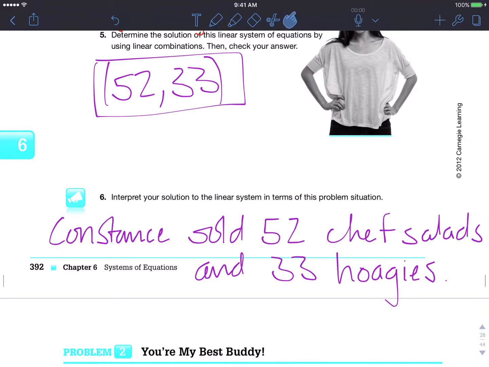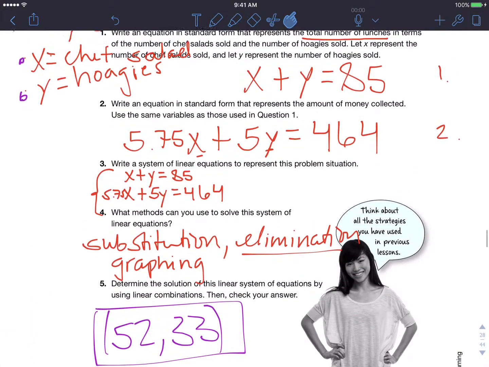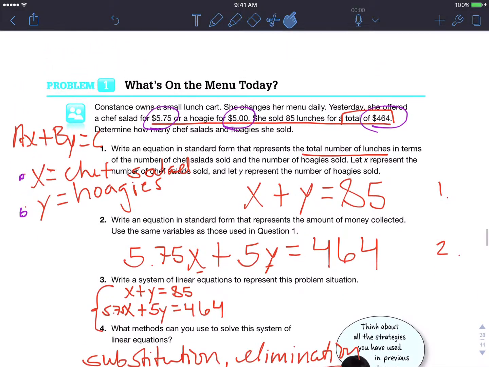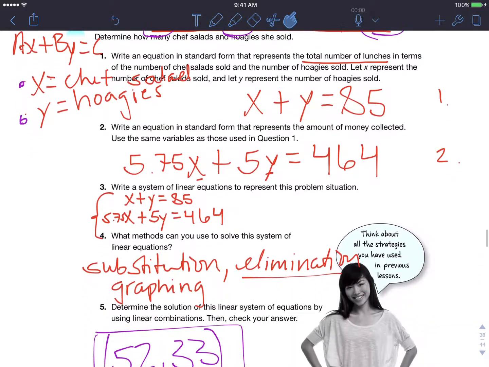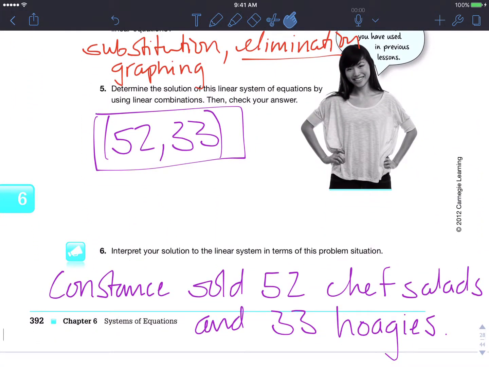And there you go. That's all of problem 1. So you have all the work. The work was on the other slide, which you can just do on another piece of paper or on the back or something.